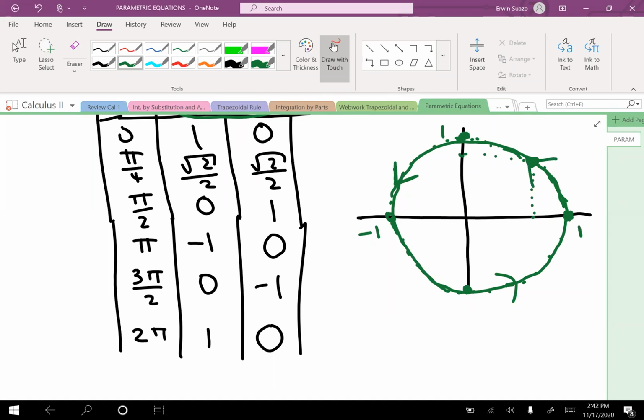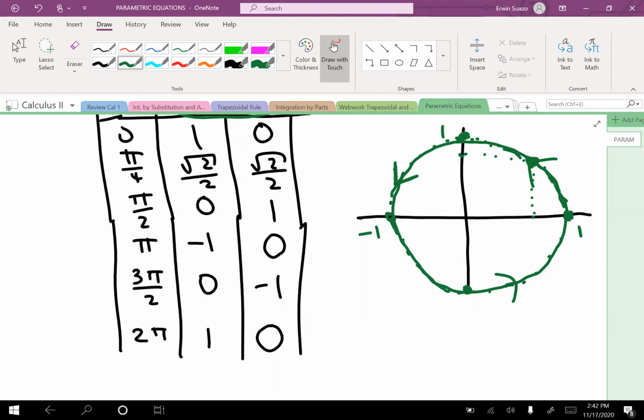So your parametrization not only describes the path of the curve, the path of the particle, it describes the direction where it is going. Okay, so this is very interesting.